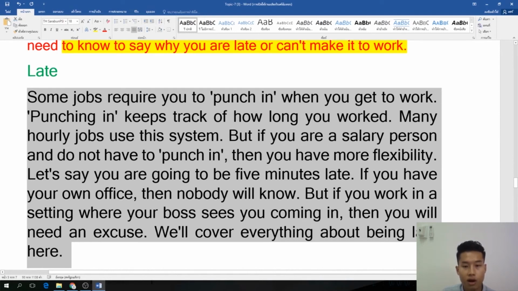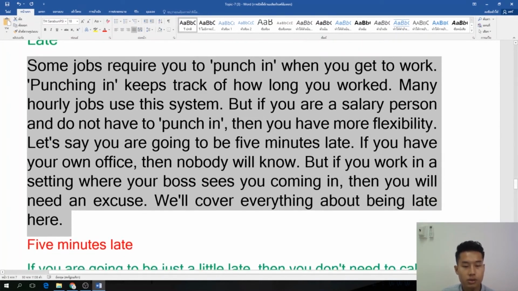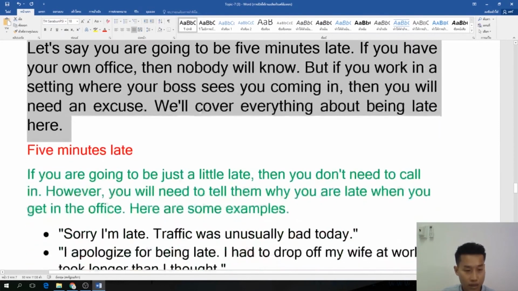But if you are a salary person and do not have to punch in, then you have more flexibility. Let's say you are going to be 5 minutes late. If you have your own office, then nobody will know. But if you work in a setting where your boss sees you coming in, then you will need an excuse. And then we will cover everything about being late here.